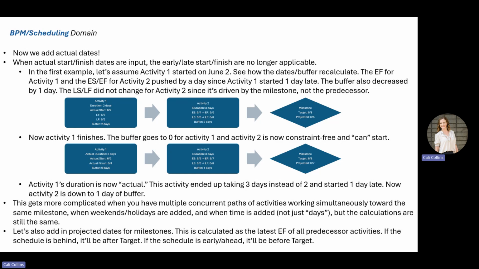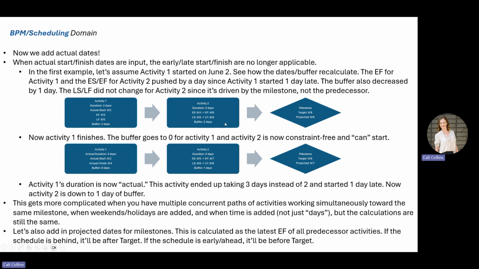Now you can see the dates have recalculated. The earliest finish date would be the 3rd now, but the late finish date did not change. Activity 2 can now start on the 4th. It can no longer start on the 3rd, and it can finish on the 6th. So now we have a buffer of 2 days instead of 3 days, which we had on the previous slide.